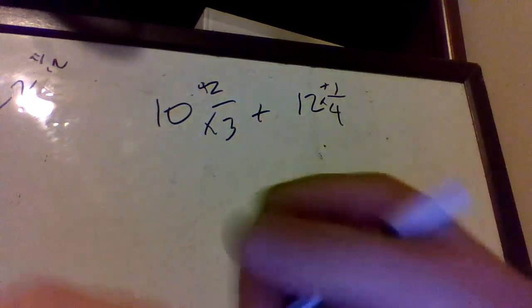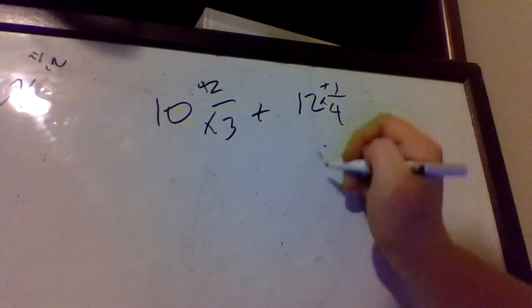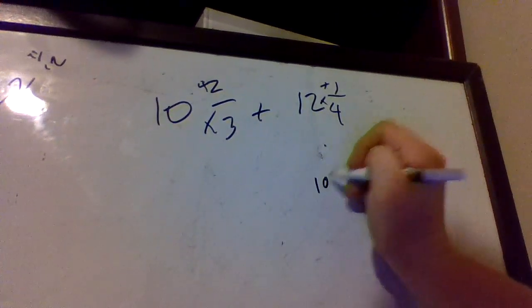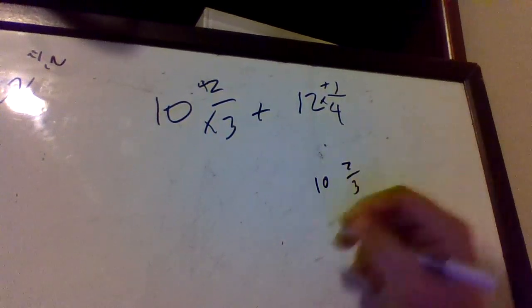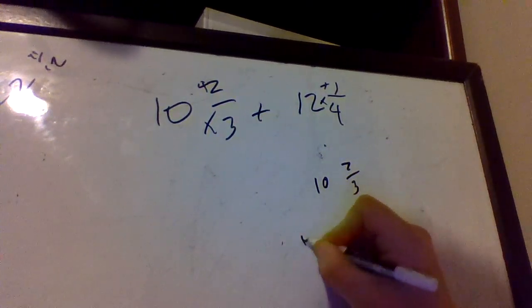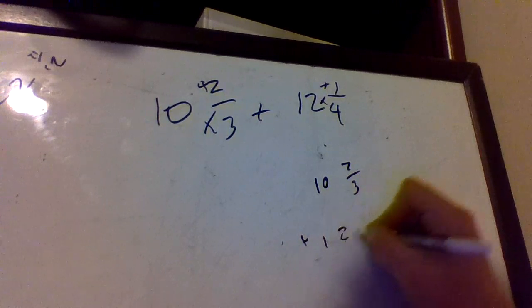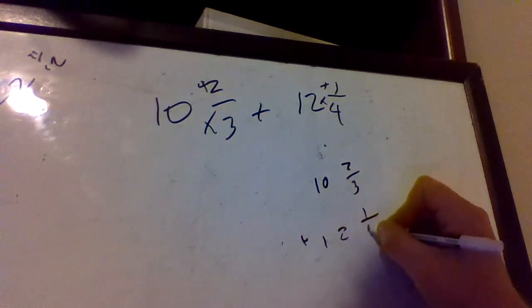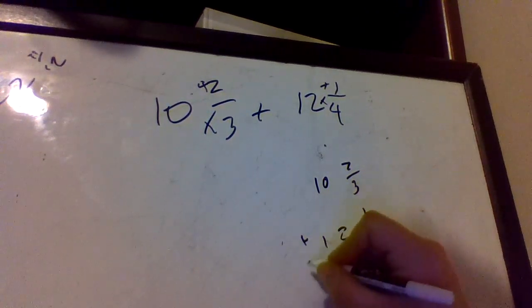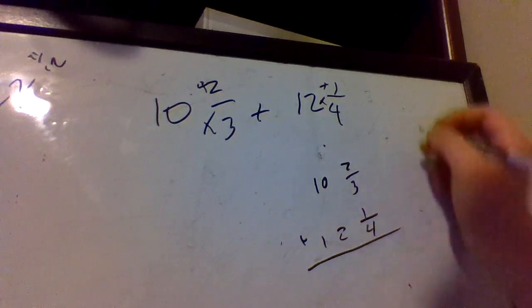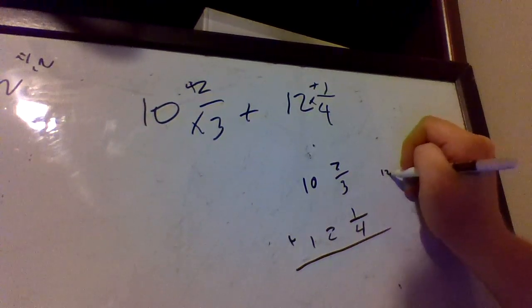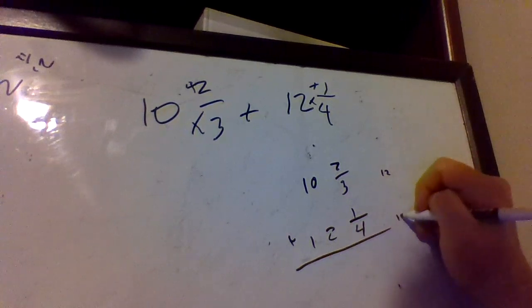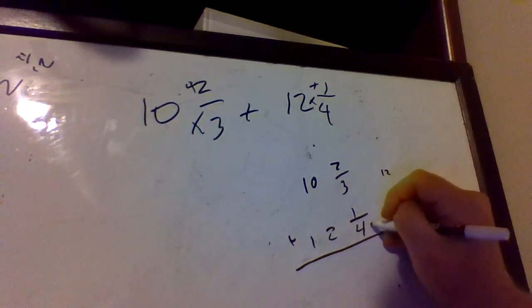So let's look at the method that we just did, the vertical method. 10 2/3 plus 12 1/4. So we know our common denominator is 12. 4 times 3 is 12.